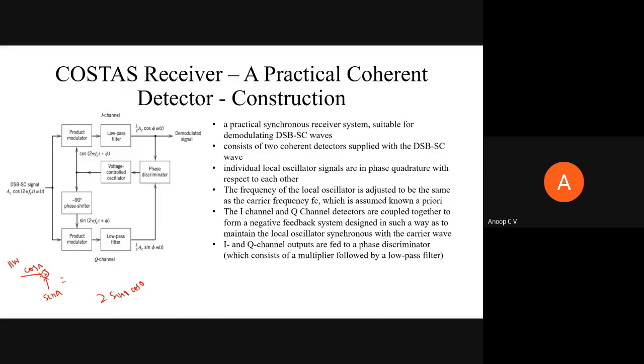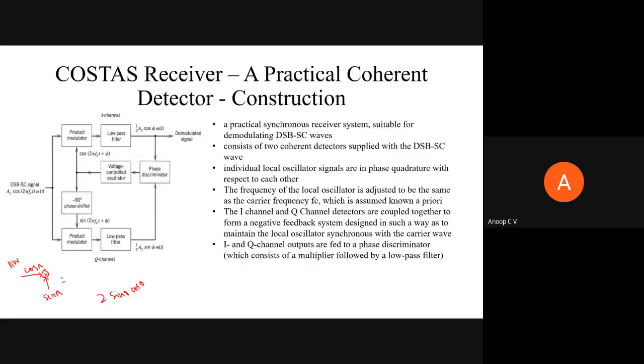One term will be a low pass term, another term will be a high pass term. A multiplier, as I told yesterday itself, if you give two signals to a multiplier, it produces sum and difference frequencies. So it will produce a component which has frequency 2a and another component which has frequency a minus a, that will be 0.